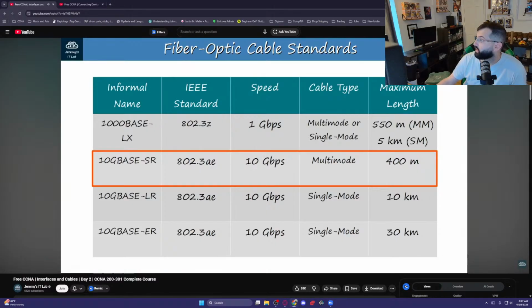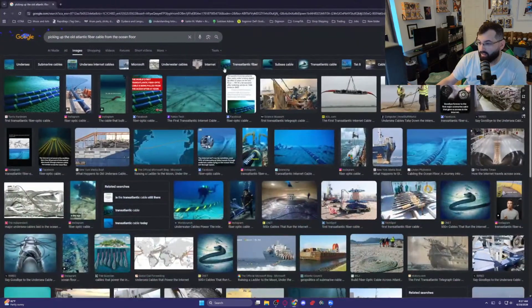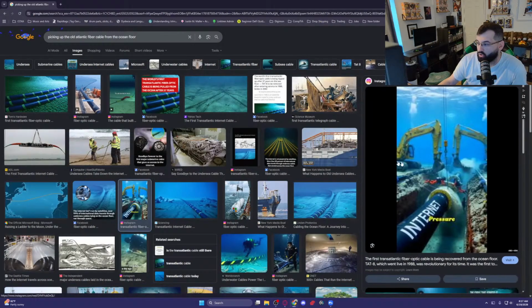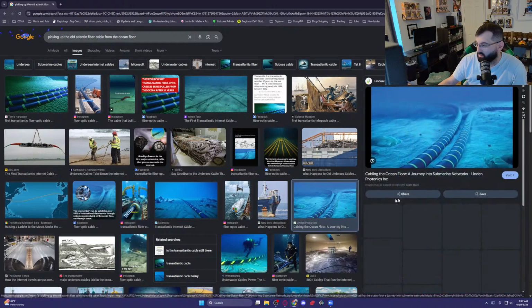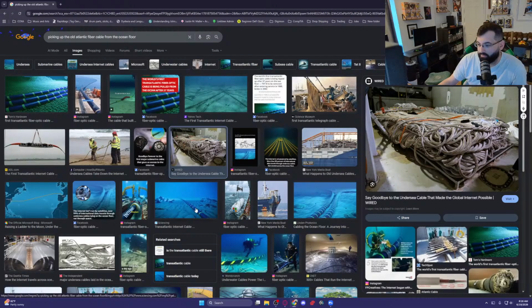So just real quick, so you can see how this stuff is. These are the fiber cables that are on the floor of the ocean. Is this not insane? Look how huge these things are. That's so crazy. And then they finally picked one up.